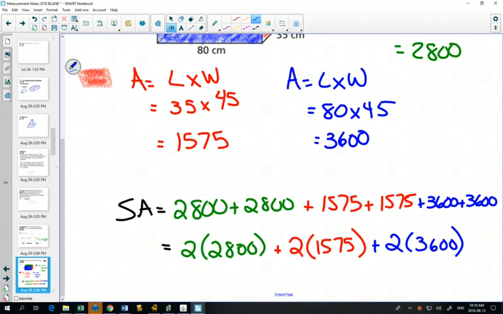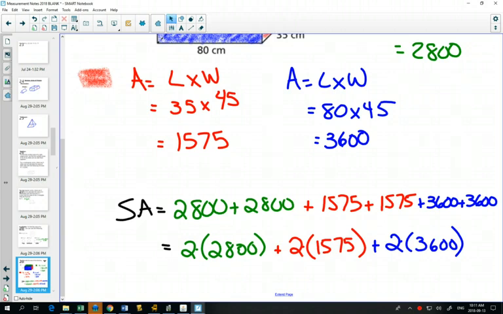Sometimes if the brackets aren't there, have you seen the dot as another symbol for multiplication? 2 times. And that dot's in the middle because we don't want to get it confused with a decimal place.